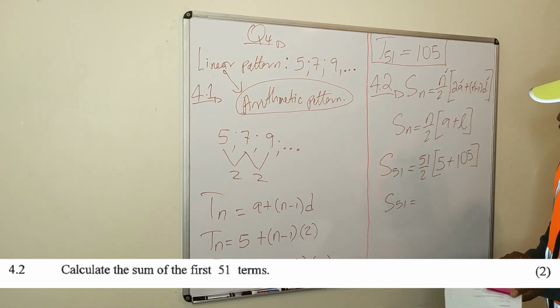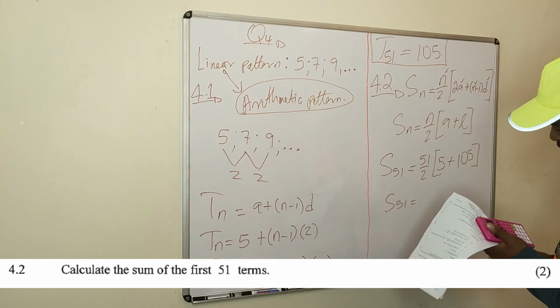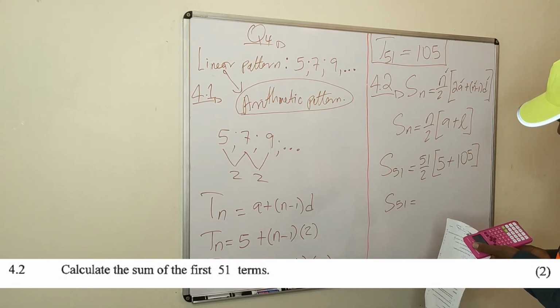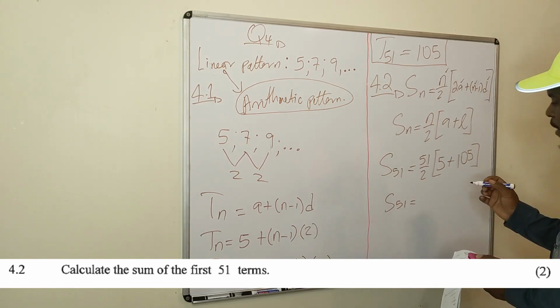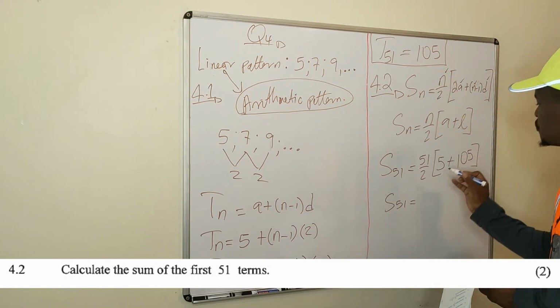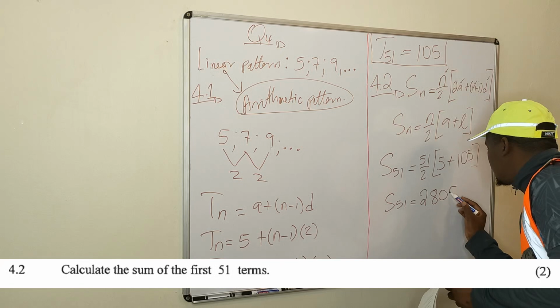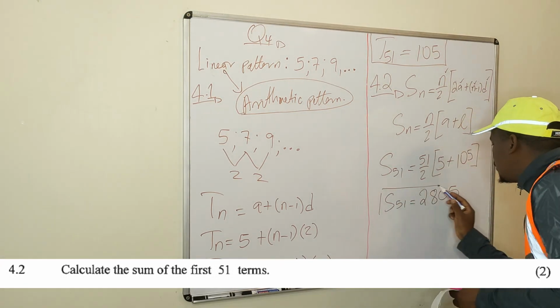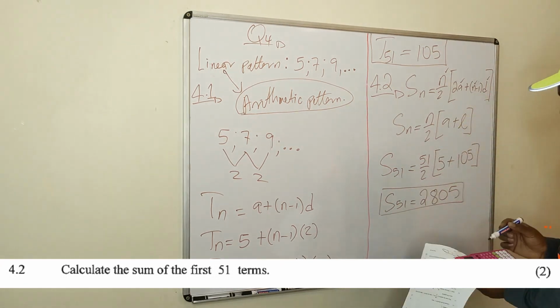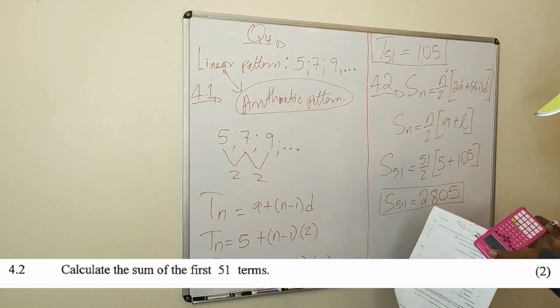So the sum of 51 terms is 2,805. So here is the sum of 51 terms.